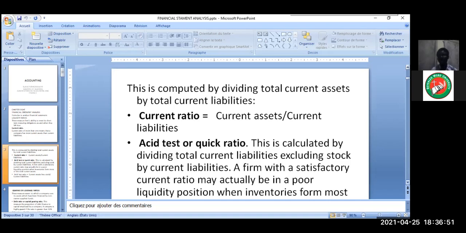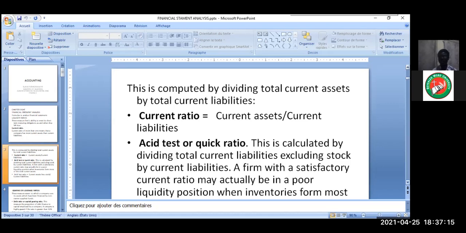So now when preparing and calculating the current ratio, immediately we need to think about the balance sheet because it's where we need to get our figures from. Okay, so current ratio equals current assets over current liabilities.